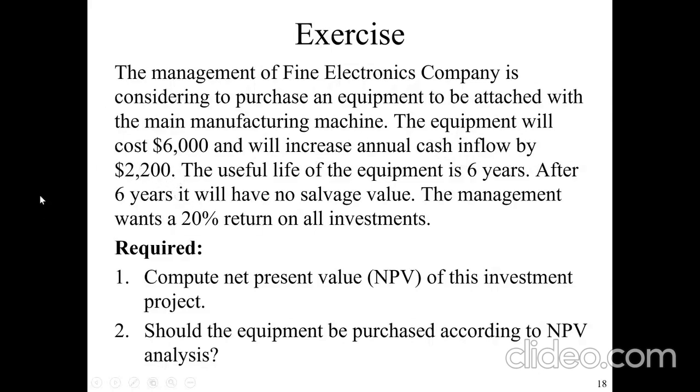The useful life of the equipment is 6 years. After 6 years, it will have no salvage value, so it will just go out of the system. The management wants 20%. So here your R is 20, that is 0.2. And then your T, the period, is 6. And the annual cash inflow, periodically, every year, is the 2,200. And they are going to invest $6,000.